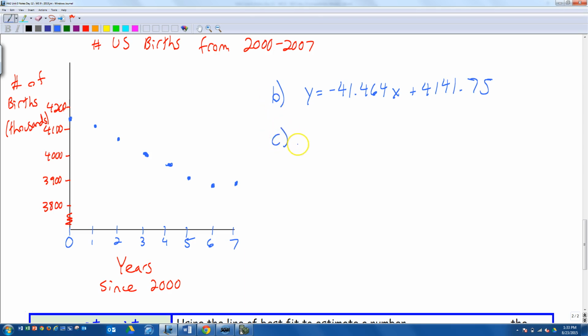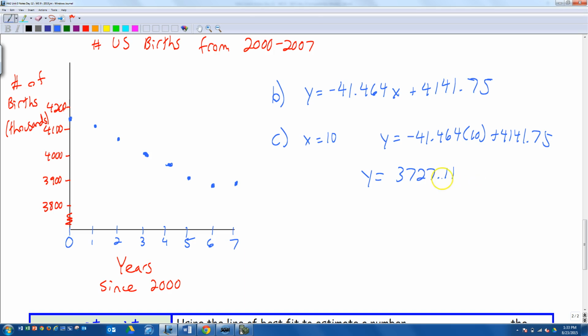And then C, I want to know in 2010. So when x is equal to 10, I get y is equal to negative 41.464 times 10 plus 4141.75. So I get that y is equal to 3727.11. Make sure you label it correctly.